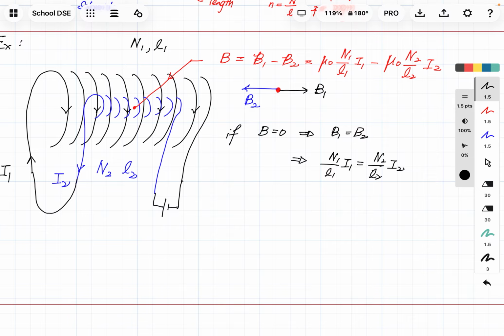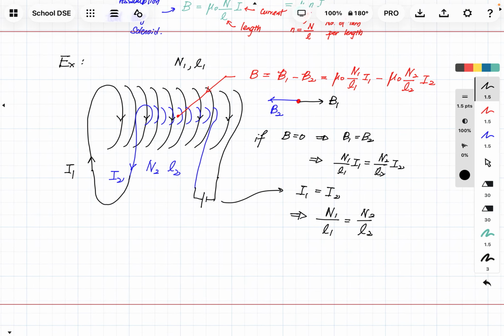So therefore, B equals mu naught N1 over L1 times I, because the magnetic field produced by solenoid 1 is mu naught N1 over L1 times I. And then A should be the area of solenoid 2, right?